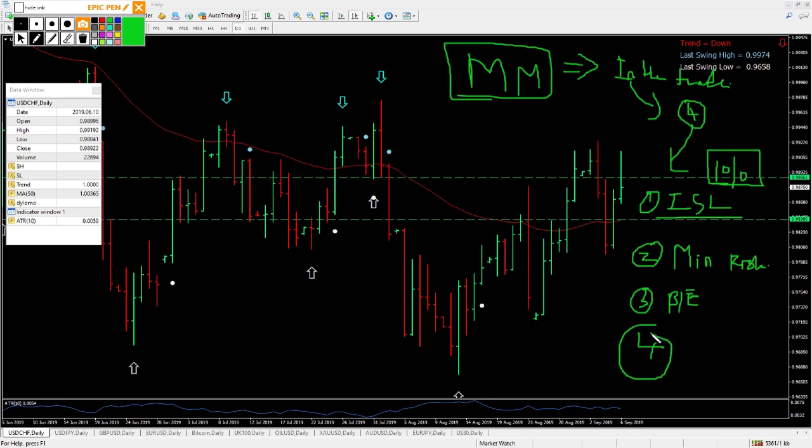Number four is you then start to trail your stop loss after the break-even point to lock in as much profit as possible, and also to start looking at closing and exiting the trade. So these are the four points. Now let's go through each one in a bit more detail.